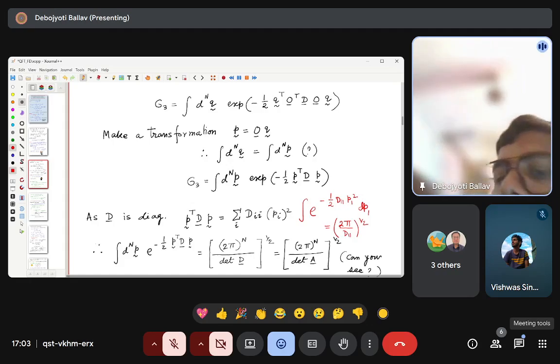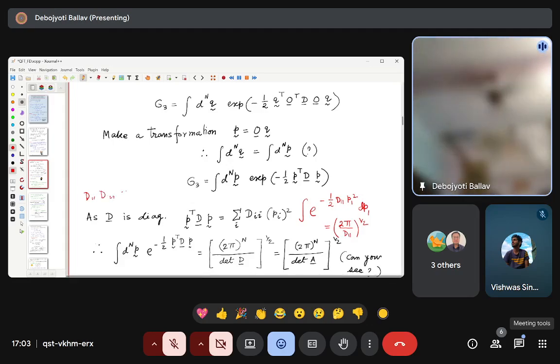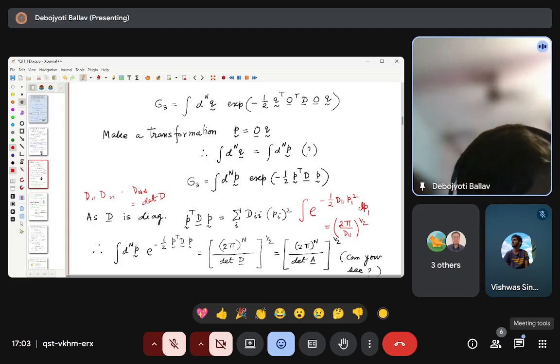You have n such integrals, so you have 2 pi to the half, and d11 d22 up to dnn, all the diagonal entries. At the end you get the product d11 d22 up to dnn, and this product is nothing but the determinant of D, because for a diagonal matrix the product of all the diagonal entries is the determinant.